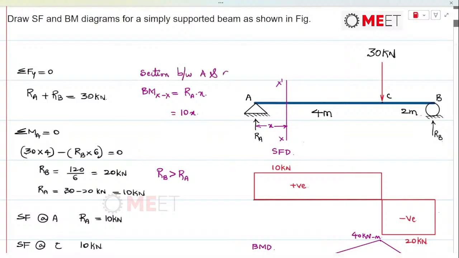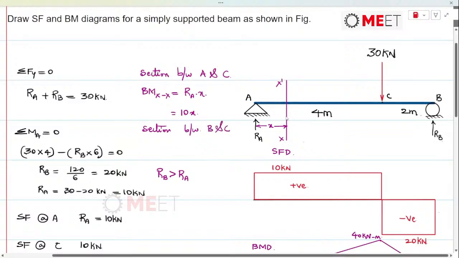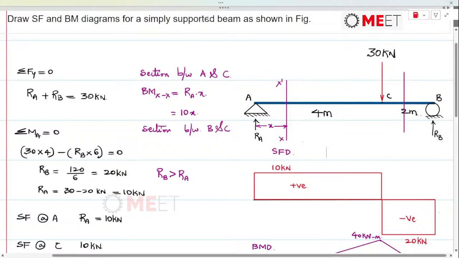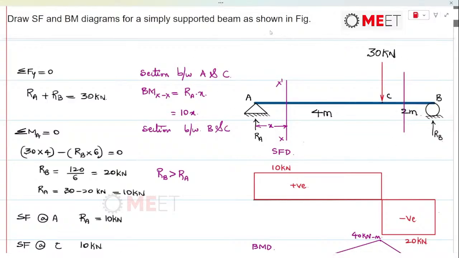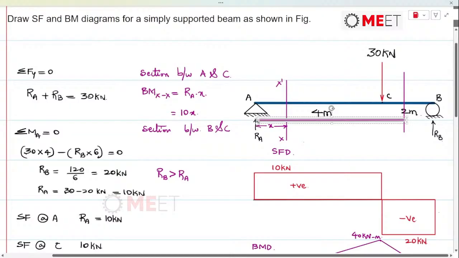points A and C. Same way, if we put the section between the points B and C, so let me just shift it over here. So if we shift this, the distance will still be counted as x. The distance between the reaction A and up till the section XX will be counted as x only.